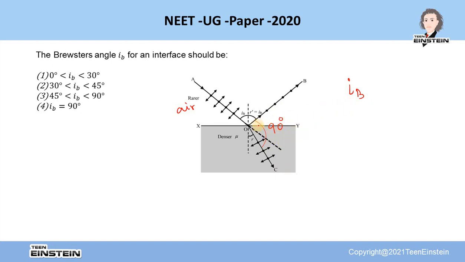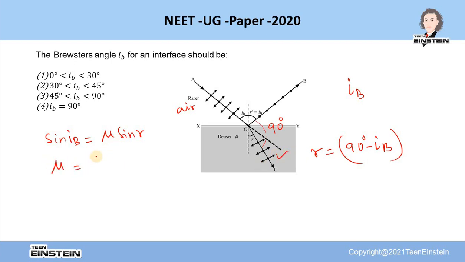So if we write Snell's law for the refraction at this interface, then we can write sin iB is equal to mu sin r. Again r is 90 degree minus iB. From the figure you can cross check.